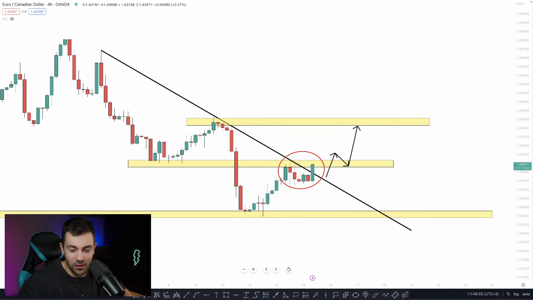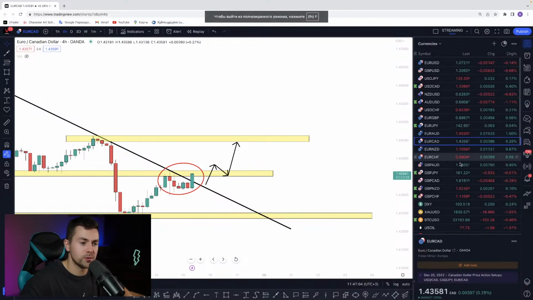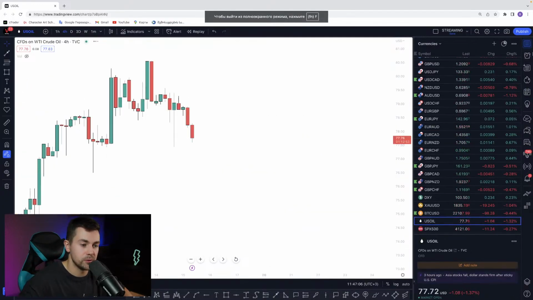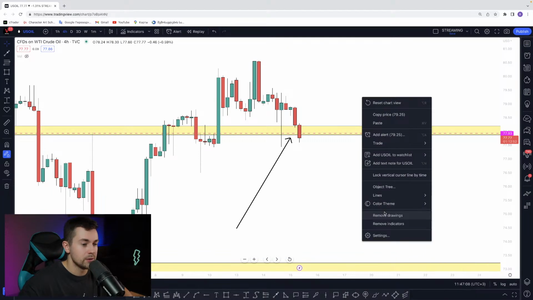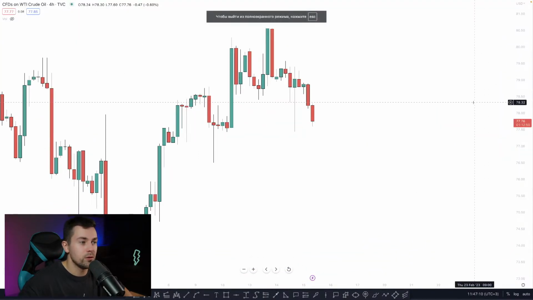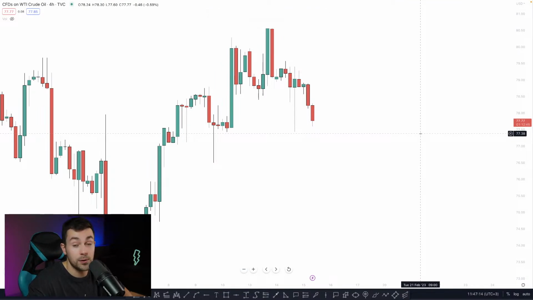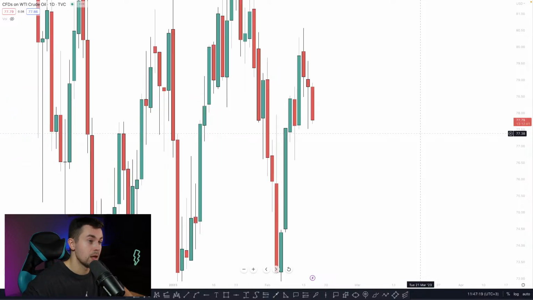Now about oil, I saw a lot of questions about oil, so we will analyze oil next. Let's take a look. By the way, what was the ticker of WTI? Yeah, this one. Those who are following me on TradingView know that yesterday I made a very bearish forecast on oil. Let me show you what the logic was.